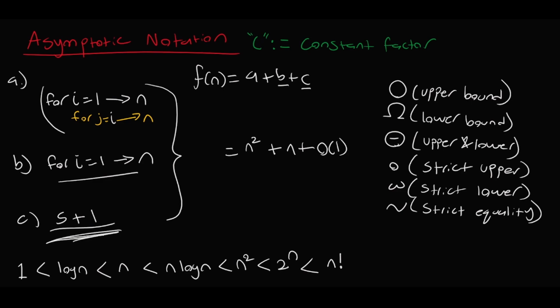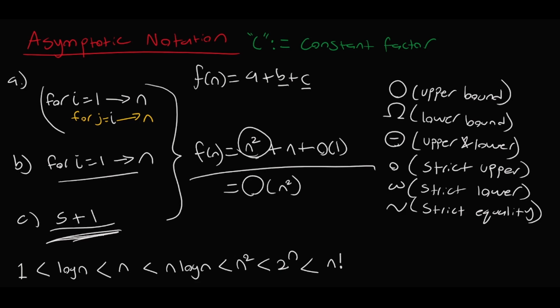It just performs some constant function. So this is f of n. Now we evaluate this, and we can say that this function is O of n squared. It's our dominating term here. It dominates the function, so it's upper bounded by n squared.